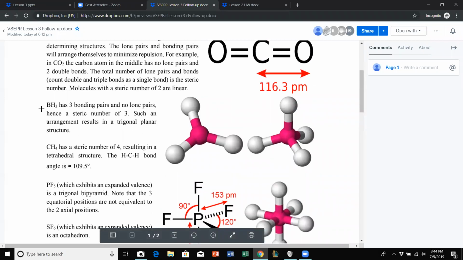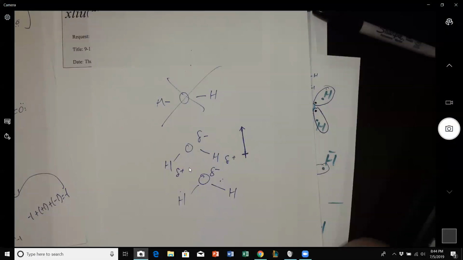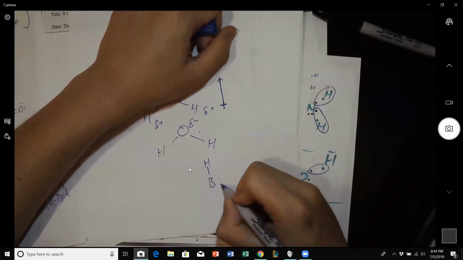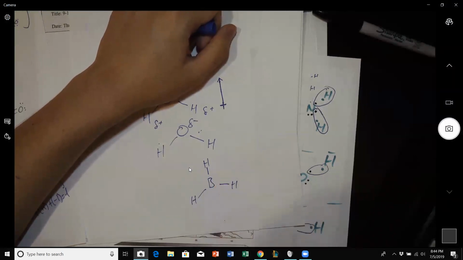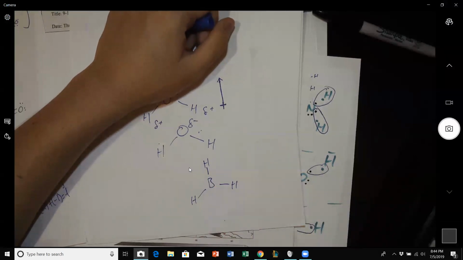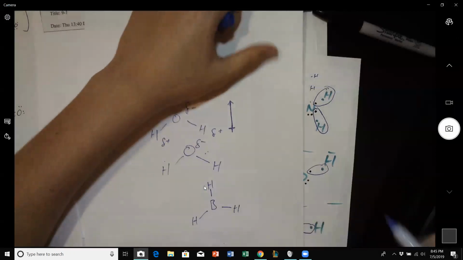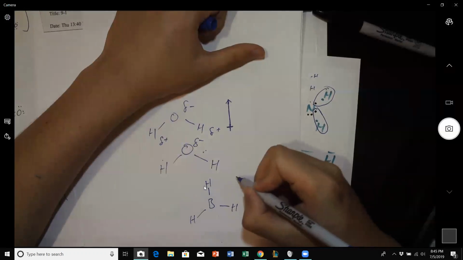Okay, let's try borane, BH3. I'll draw the structure of borane. This is one of our weird exceptions to the octet rule. You can see the boron only has 6 electrons. So this is a very reactive molecule. Fun fact, borane usually exists as diborane.